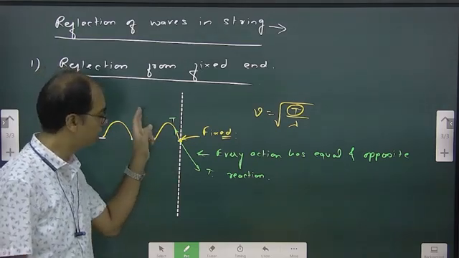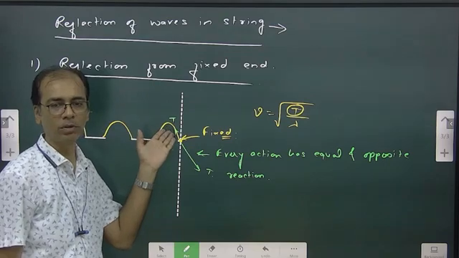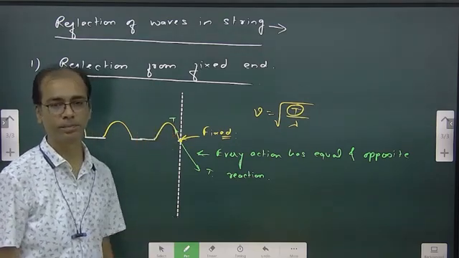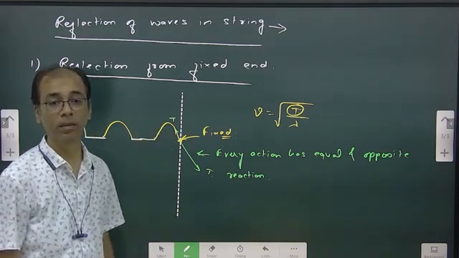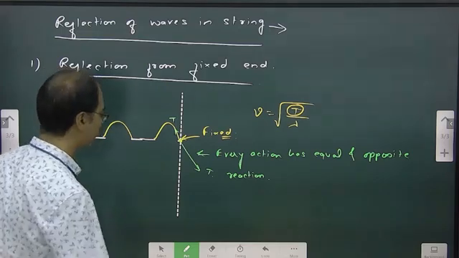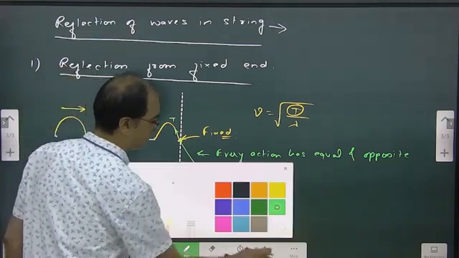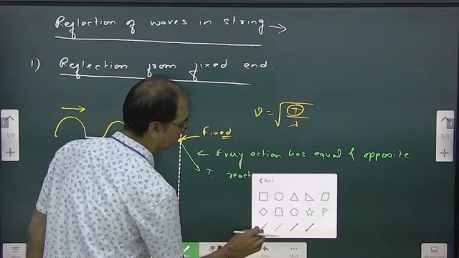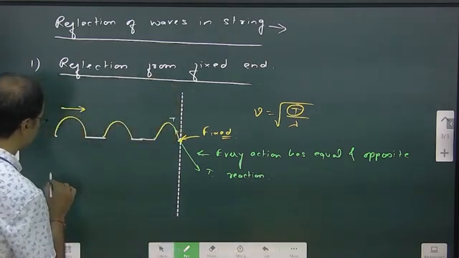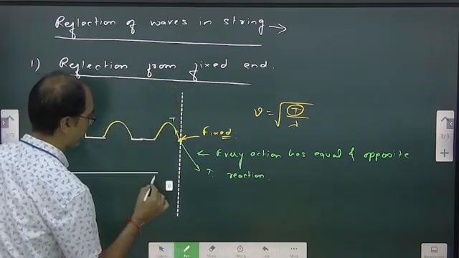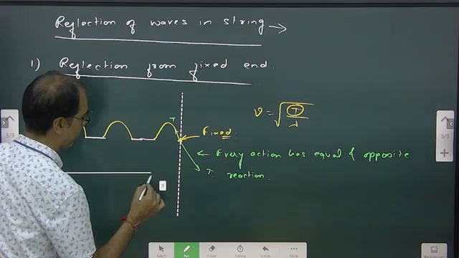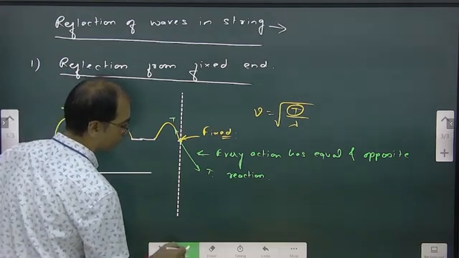Okay. How is the force applied? Down. So what happens to this rope? It came down. So what happened? Something like this. All right. Okay.